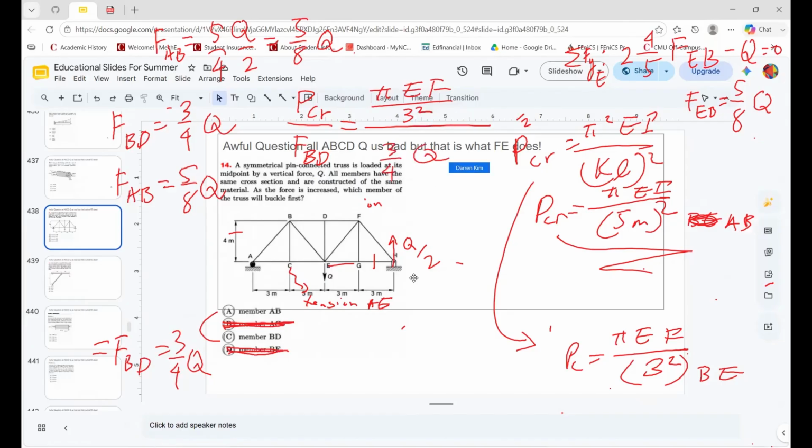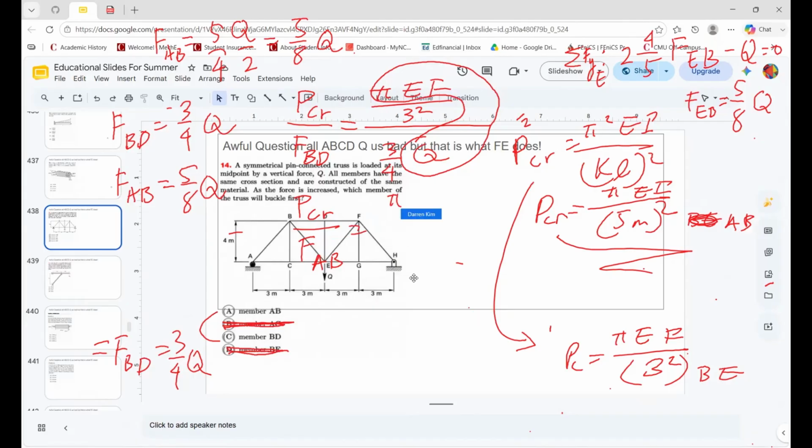So if I just got rid of all of these and made it into another constant, we can just get rid of that for temporary reasons and claim that as just a constant. And then AB next, which is pi EI divided by 5 square divided by 5 over 8Q.